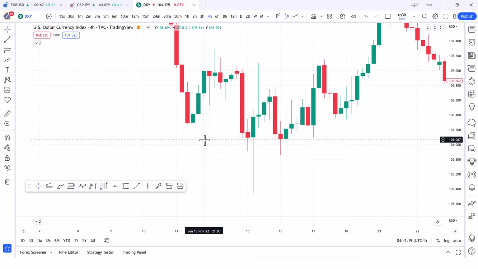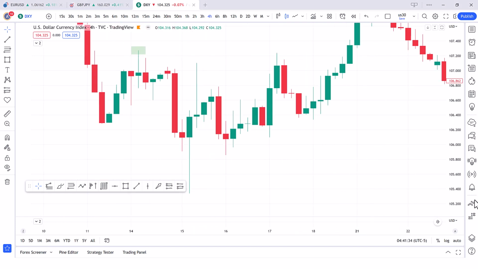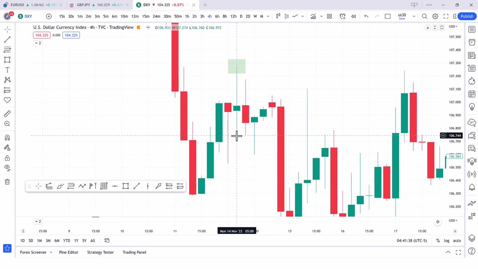Let's first talk about swing points briefly. A swing point high is a three candle formation in which the high of the middle candle is higher than the high of the right candle and the left candle. You can see that we have a swing point high, or SPH, here. Why? Because its high, the point of the shadow, is higher than the left candle and the right candle.